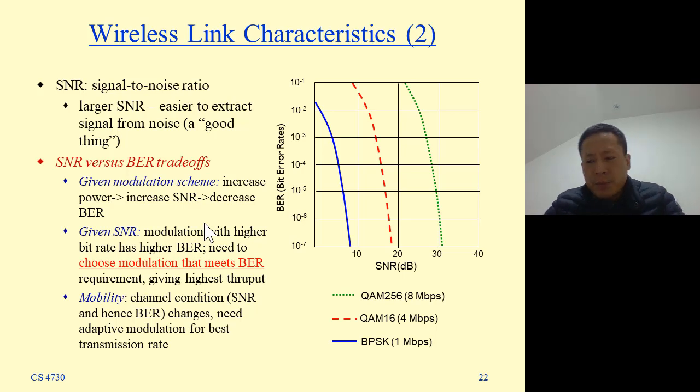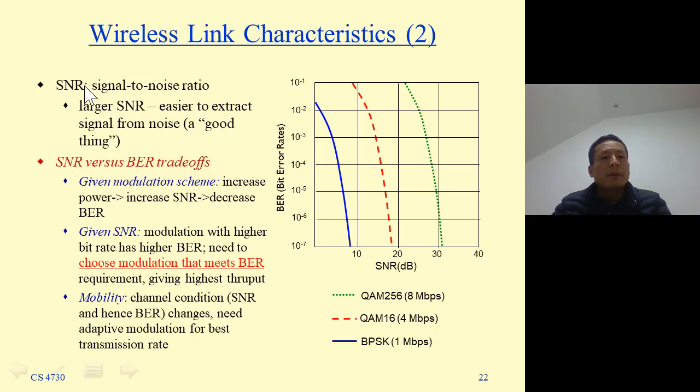So a very important concept in wireless link is called signal noise ratio, or SNR. So signal noise ratio is like the strength of the signals divided by the noise level. It's a metric used to describe how good the channel is.